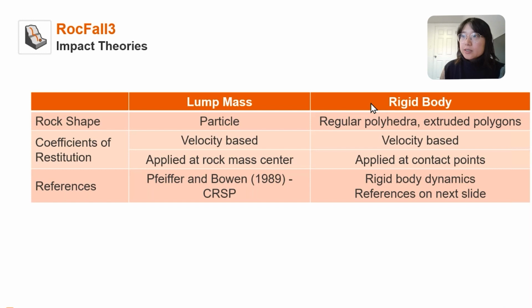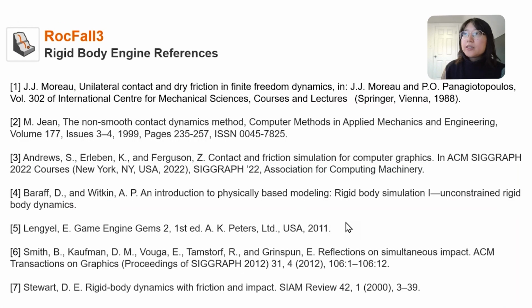Both theories utilize the coefficients of restitution, and I will explain in a moment as I go into each theory. Now, for those interested, I have provided here a list of references that are used for the rigid body engine.